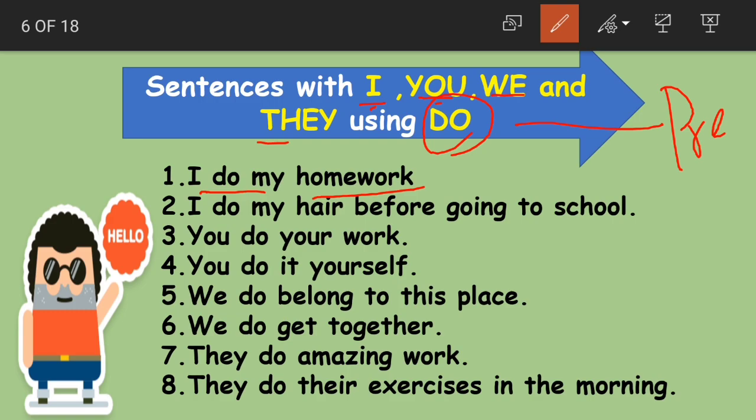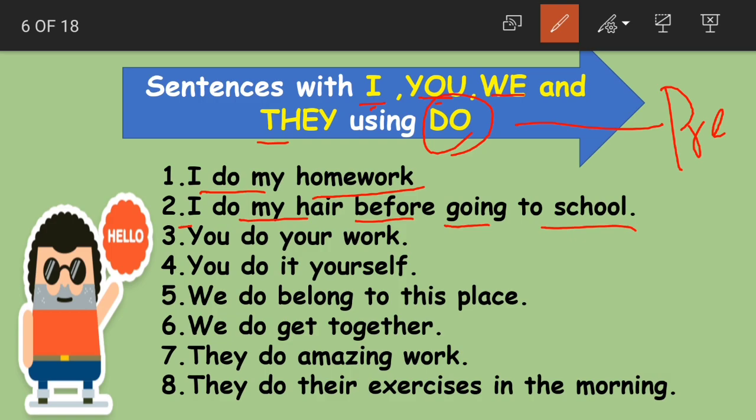Okay. I do my homework. We cannot say I does my homework. No, I do my homework. I do my hair before going to school, in the sense combing the hair.